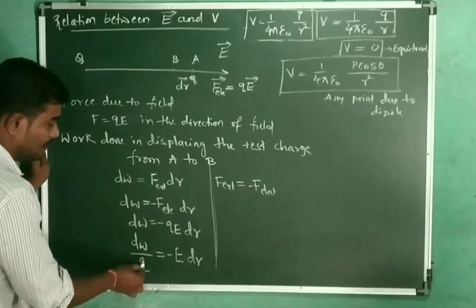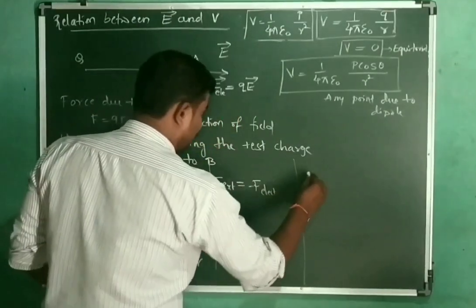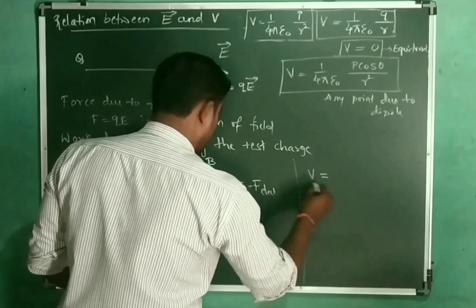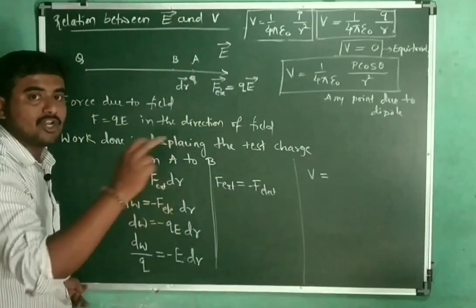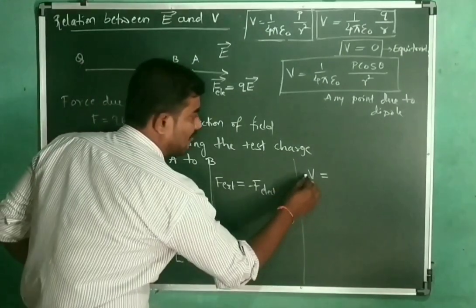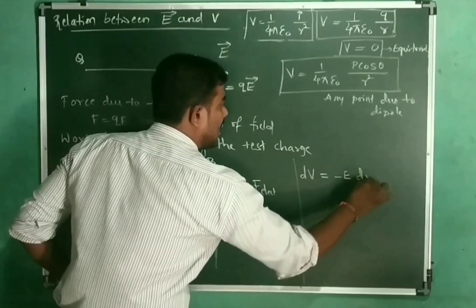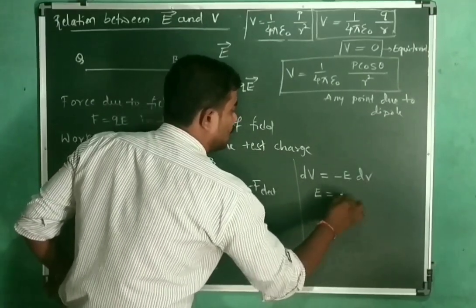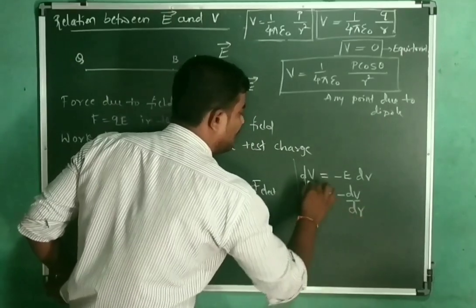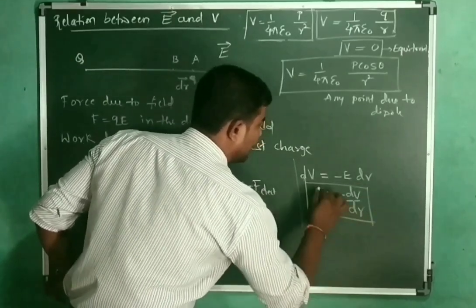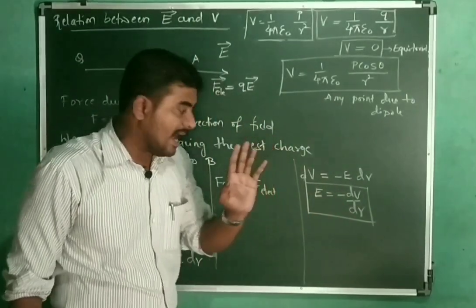Therefore dW by Q is V, and since dW is a very small amount of work, the potential is going to be very small. Therefore I will write dV is equal to minus E into dr. Therefore E is equal to minus dV divided by dr. A very important observation, that is electric field intensity is equal to minus dV divided by dr.